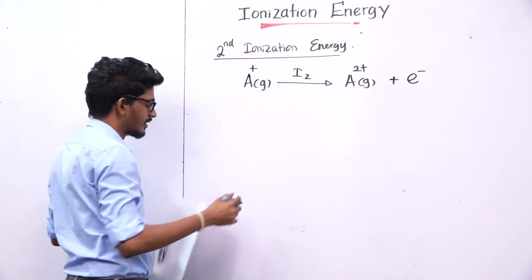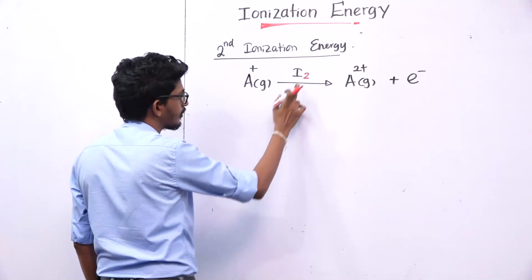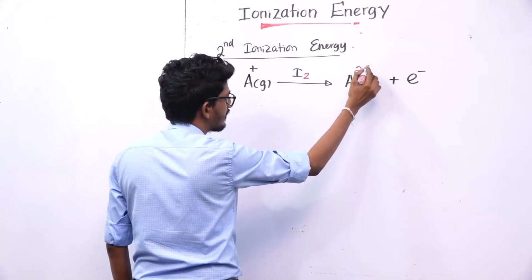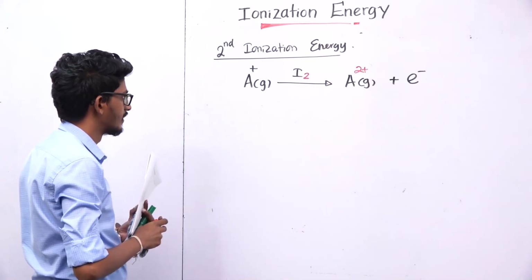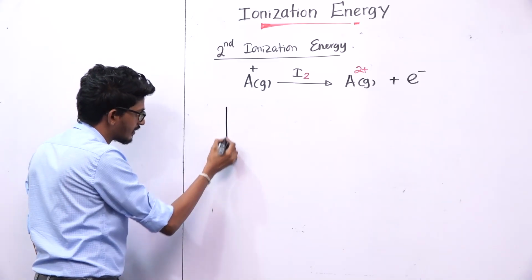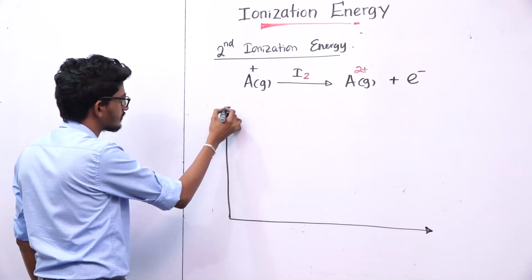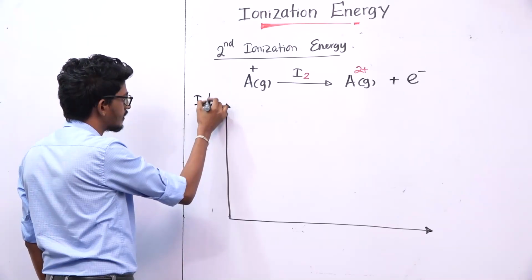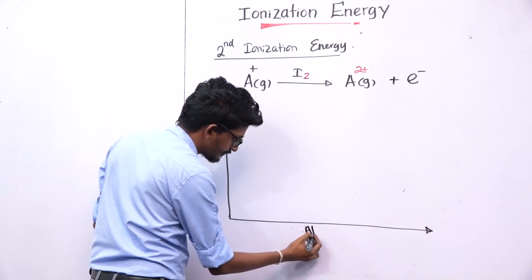So second ionization means you produce the +2 ion by releasing just one electron from a +1 gaseous ion. This is second ionization. So let's discuss the period trend of second ionization energies. I2 in kilojoules per mole against atomic number.